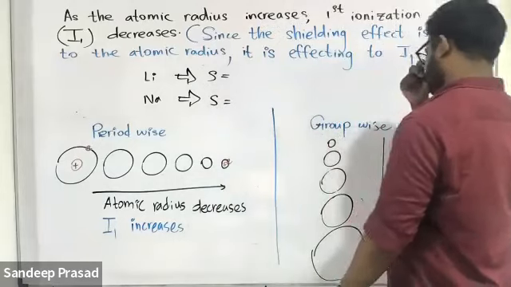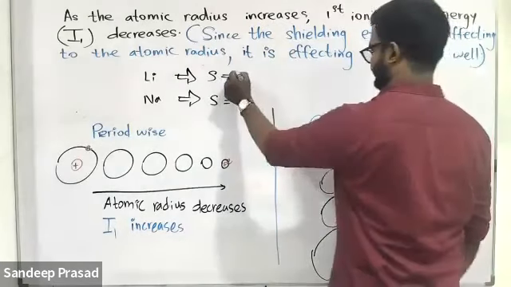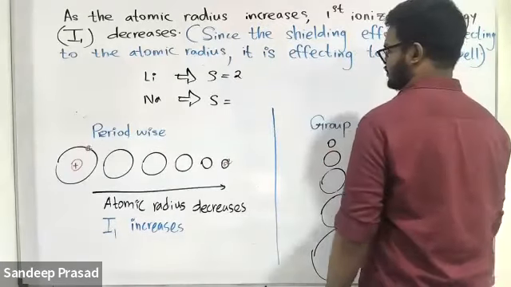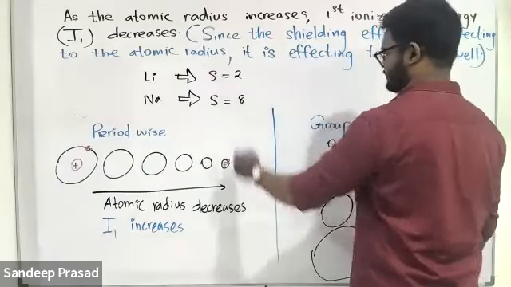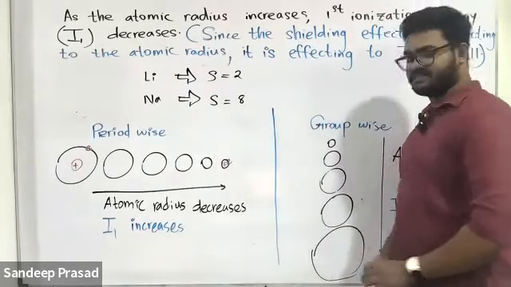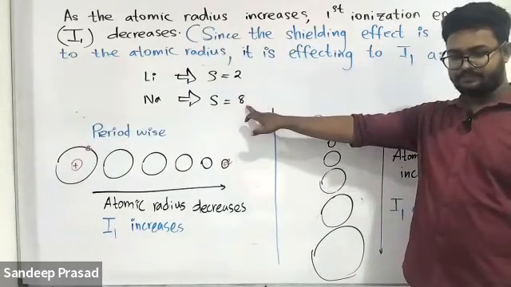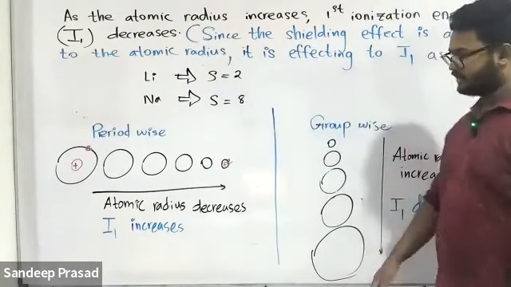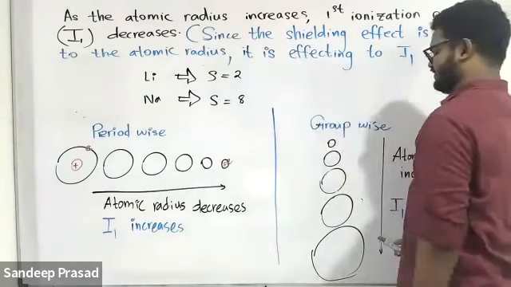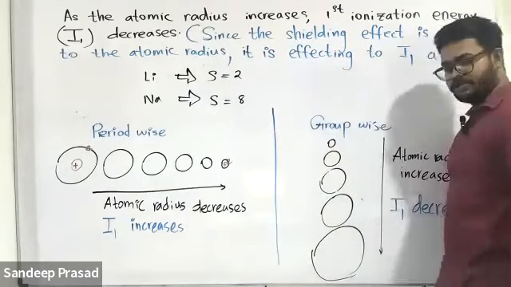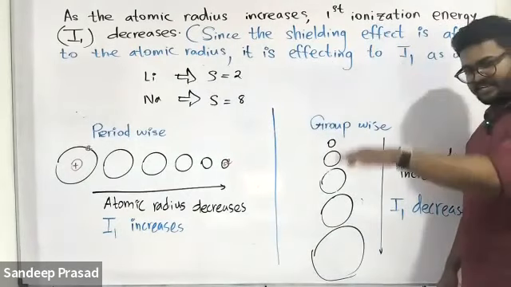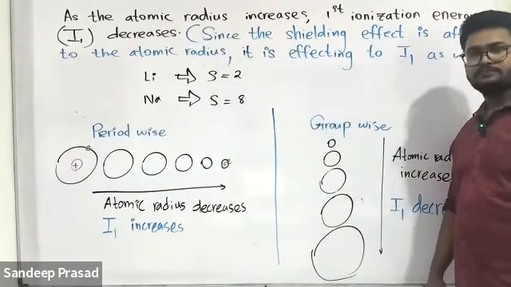In the lithium atom, in the inner shell there are 2 electrons, and in our sodium atom there are 8 electrons. So who has the highest shielding effect? Sodium. So if sodium has the highest shielding effect, what will happen to the ionization energy? Ionization energy is reducing. Understood?